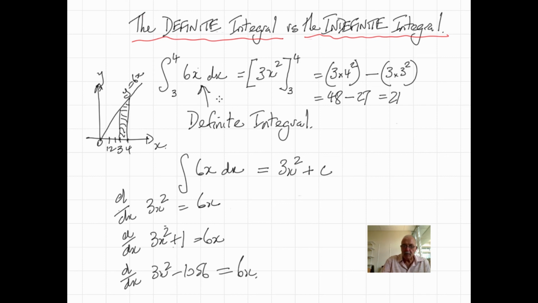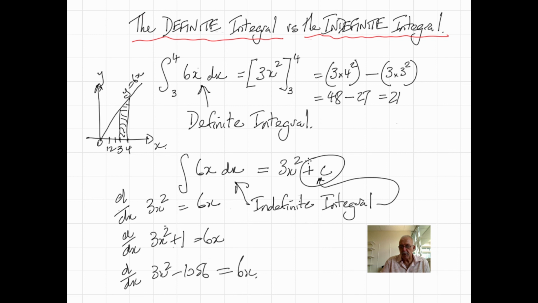So if this is an example of the definite integral, this without the bounds here is what we call the indefinite integral. And with the indefinite integral, we always put a plus c at the end. So that's the difference between definite and indefinite.